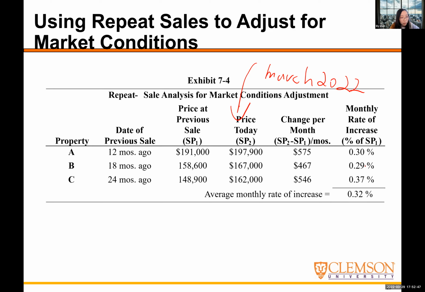If 3 properties are pretty much equally representative, you take the sum divided by 3, then you have an average monthly rate of appreciation based on 3 properties' transactions. Any question? So on the exam, I may give you a similar setup and you have to calculate the monthly appreciation.